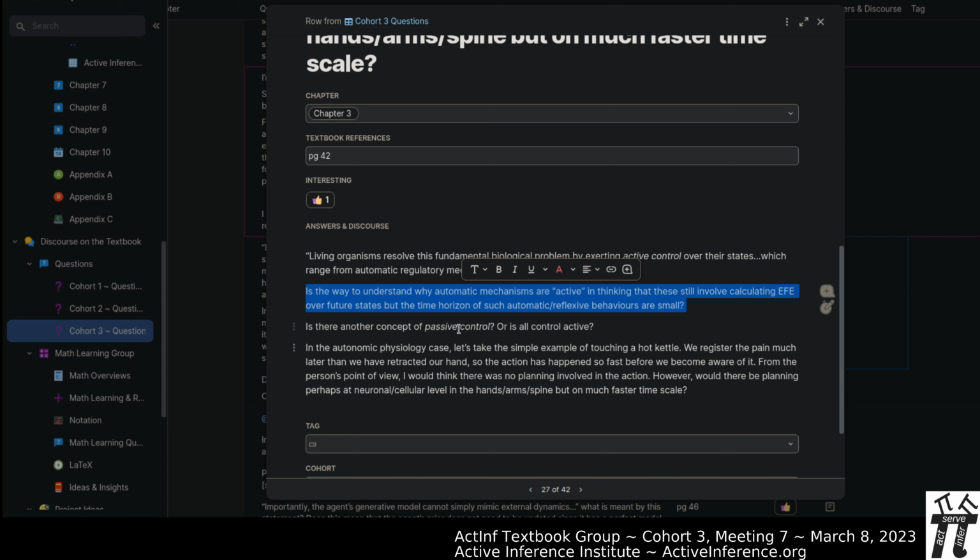Is there another concept of passive control, or is all control active? Anyone can also give a thought on this, but some might say control theory is the application of action. That's the line between signals processing and control theory.